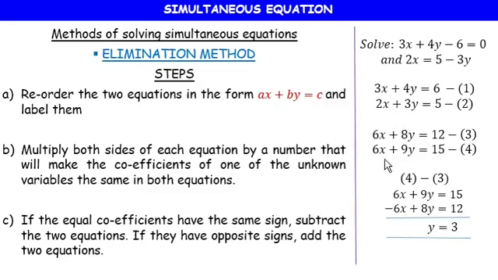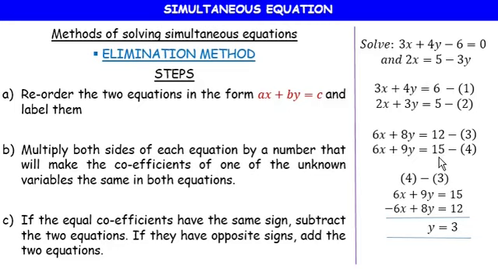By 3. It means I'm going to multiply each term by 3. It's going to affect each and every single term, not only the x aspect, right? So it's going to be 3 times 2x giving us 6x, 3 times 3y giving us 9y, and then 3 times 5 giving us 15, right?